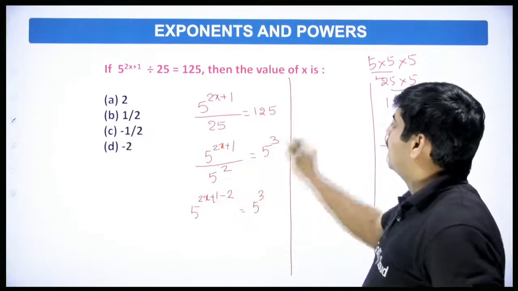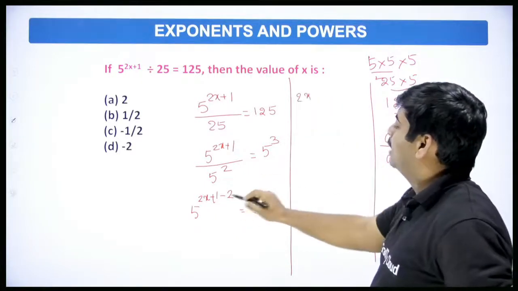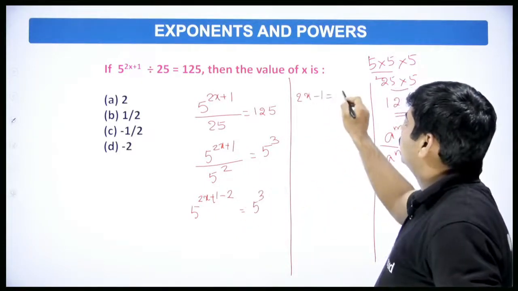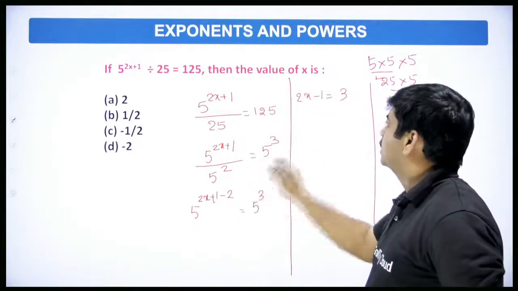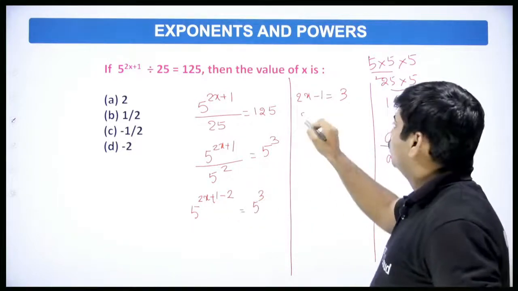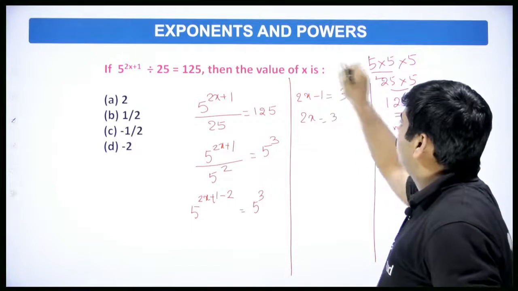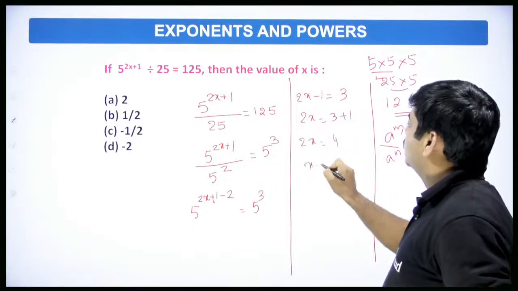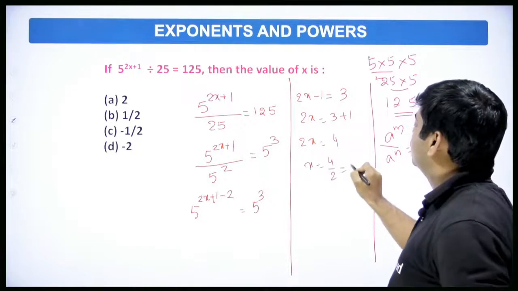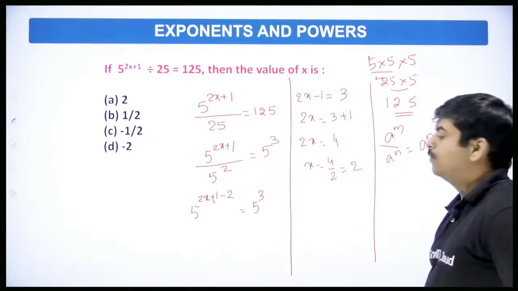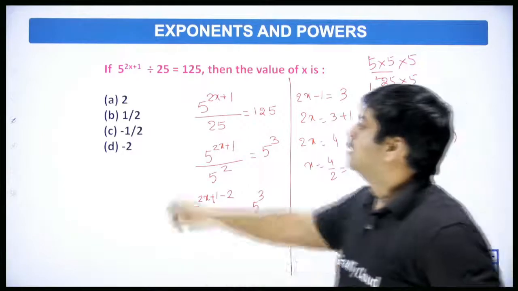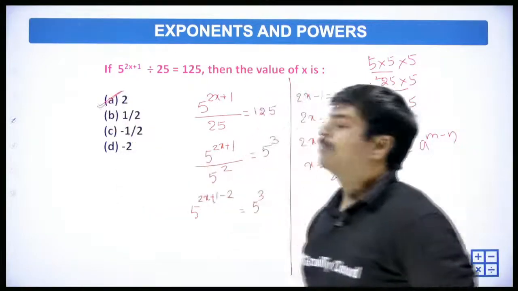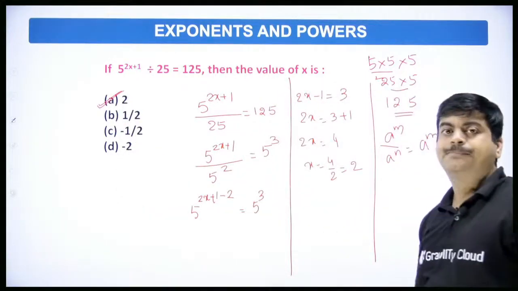So 2x plus 1 minus 2, that is 2x minus 1, is equal to 3. That gives 2x equal to 3 plus 1, so 2x is equal to 4. X is equal to 4 by 2, which is 2. So that is again option A.